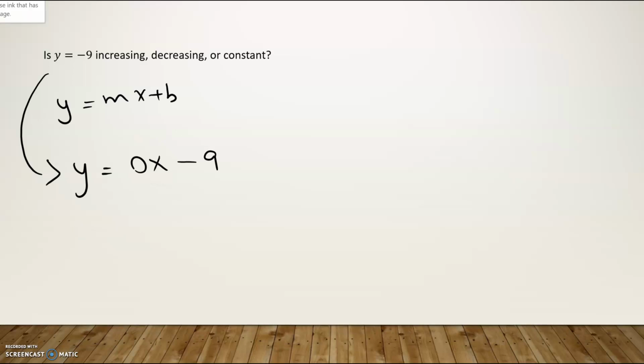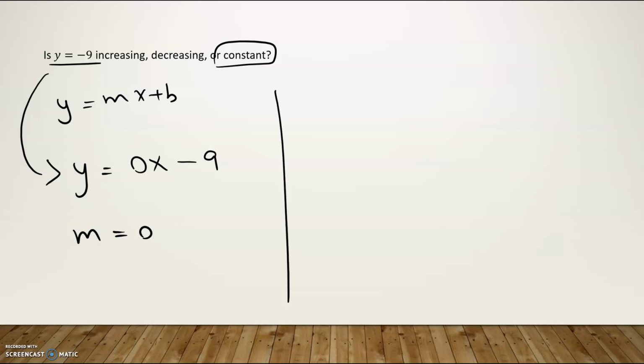So what we're saying here is m is equal to 0, so that means that we have a constant. And you don't have to go through that. You can just see that y is equal to just some number, and the number is a constant, so you know that the function or the graph of this function is going to be constant.